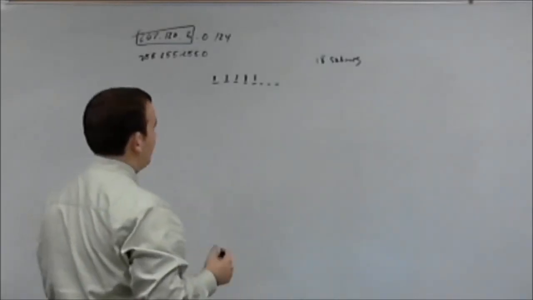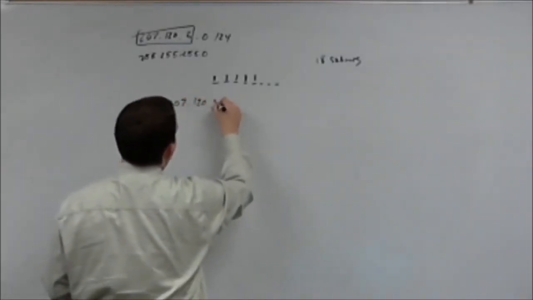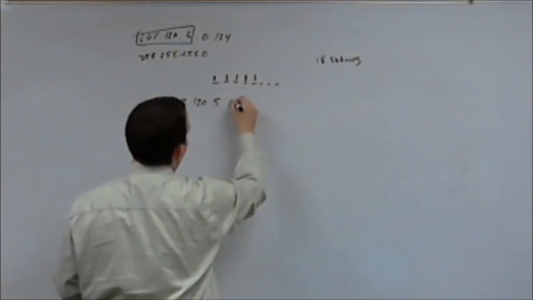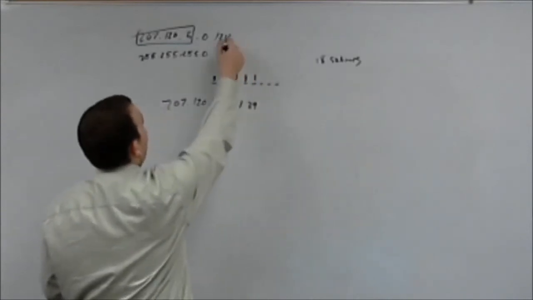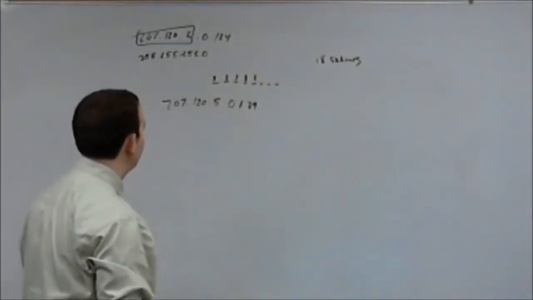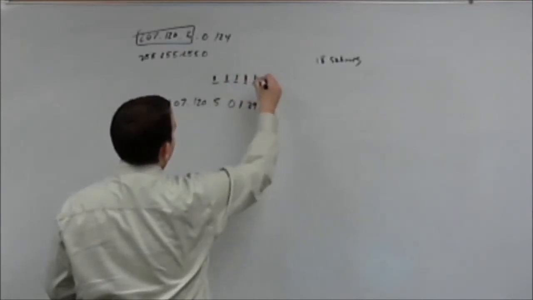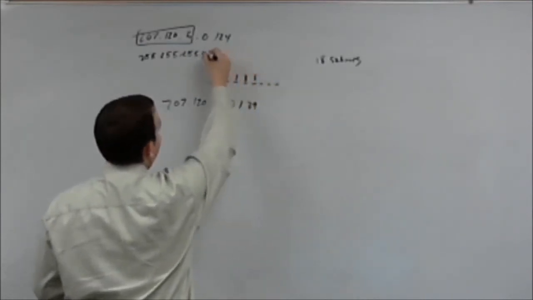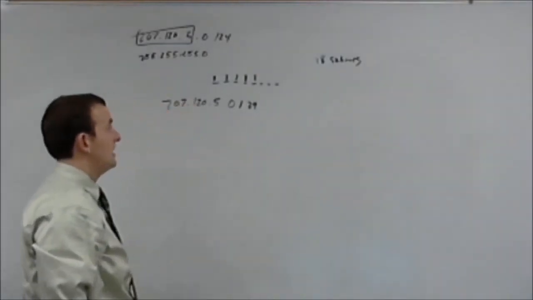So how we're going to subnet this is going to be 207.120.5.0/29 because we borrowed 5 bits which we added to what was already given to us. And that means the subnet mask would be 5 bits added onto this number, or /29.